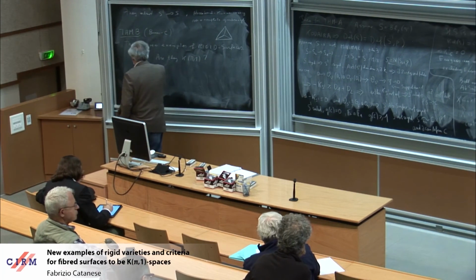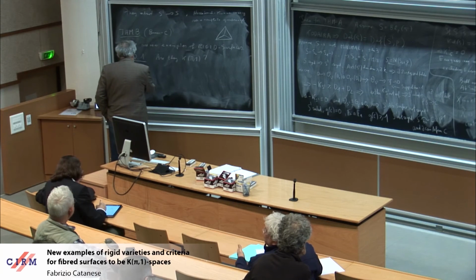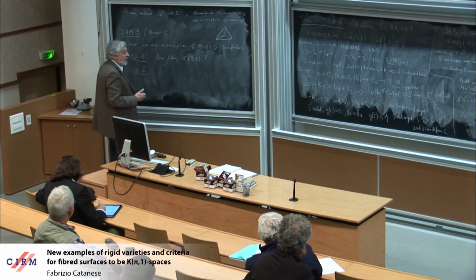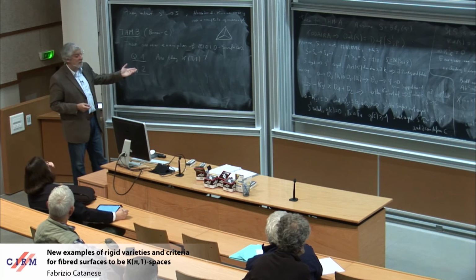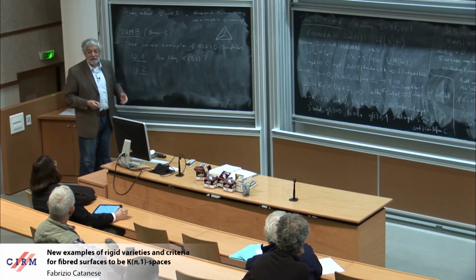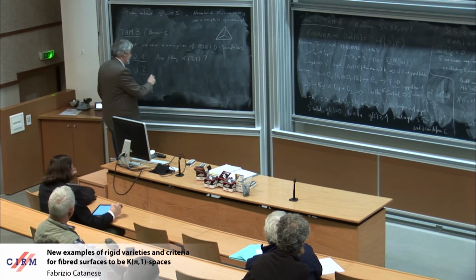And question 2 is whether they admit, so what would be nice is to show that they have a metric of negative curvature.